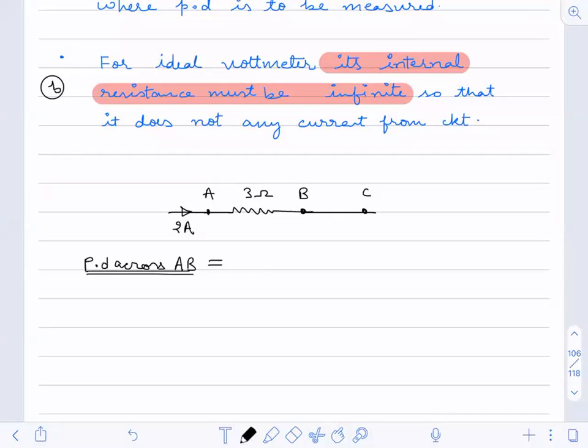Potential difference, how do you get? V is equal to I into R. So this is 2 into 3, that becomes 6 volts.